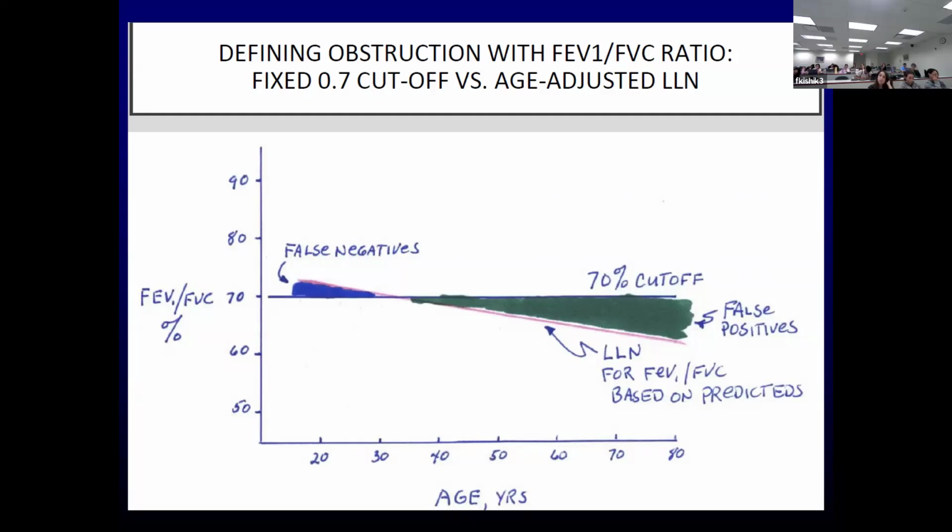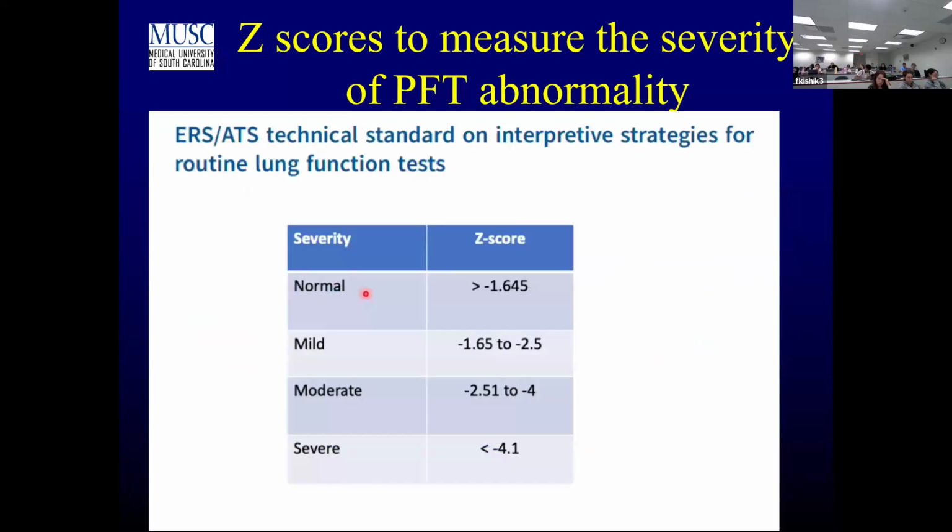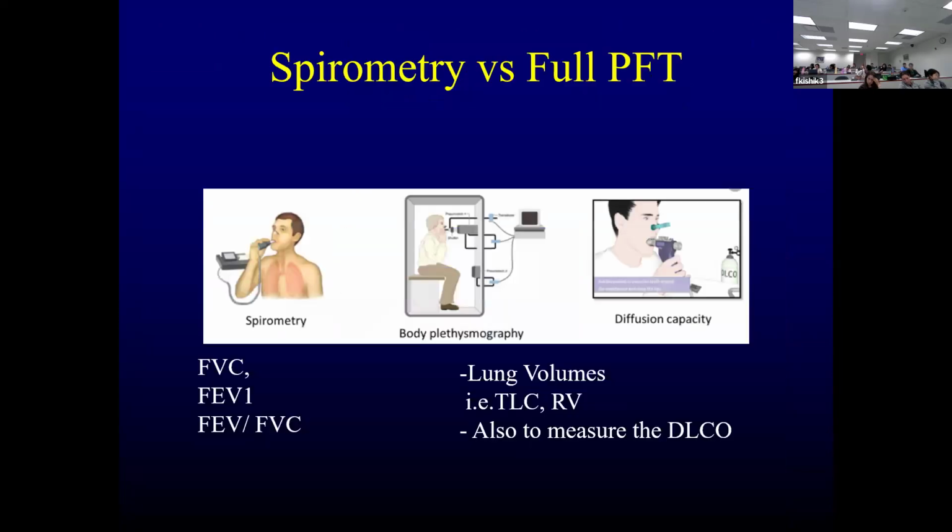Is that correct? Is everybody good with this? We can further divide into severity depending on what the values of the Z-scores are. Anywhere between 1.65 to 2.5 is mild, 2.5 to 4 is moderate, and then severe. Depending upon this, you can tell how severe a patient's disease is.